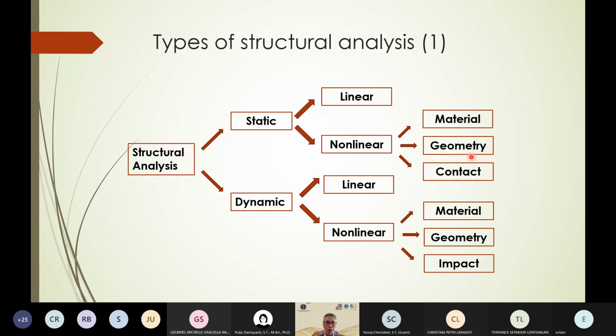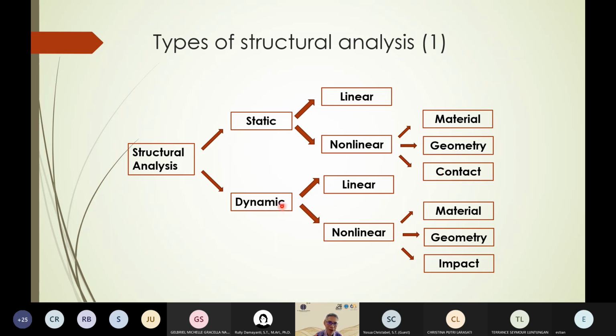So it's not enough to perform static linear analysis. Another type of nonlinear geometric is contact. That happens when, for some period in the structural analysis, the contact or the boundary conditions change.